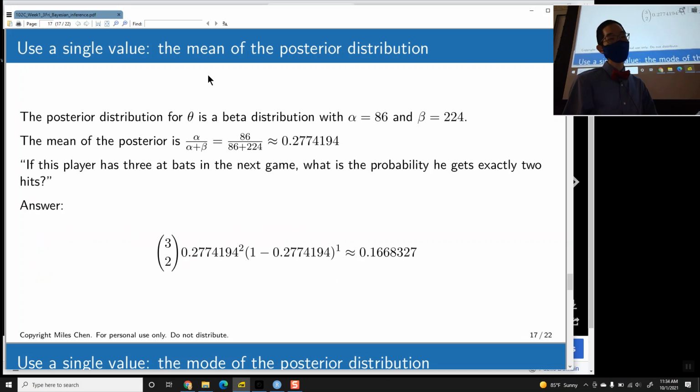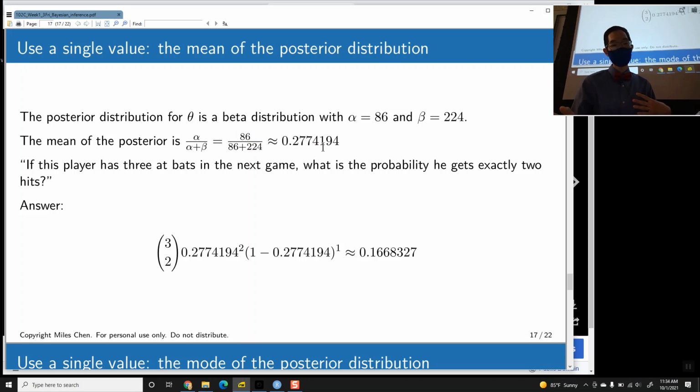All we do is ask, what's the mean of my posterior distribution? Alpha is 86, beta is 224. The formula for the mean of this beta distribution is alpha over alpha plus beta. 86 divided by 86 plus 224, so 86 divided by 310, and we get 0.2774.